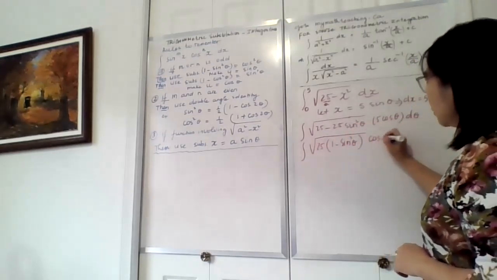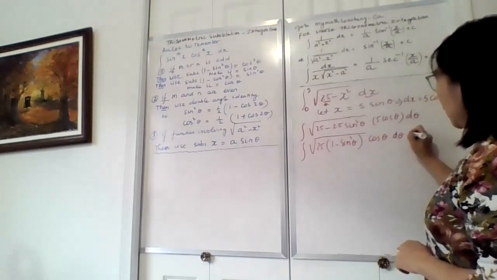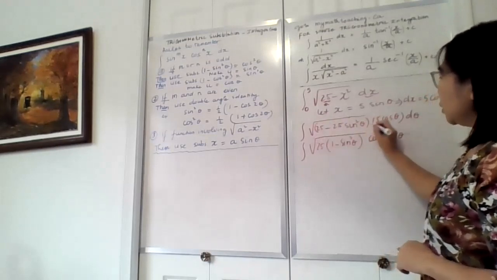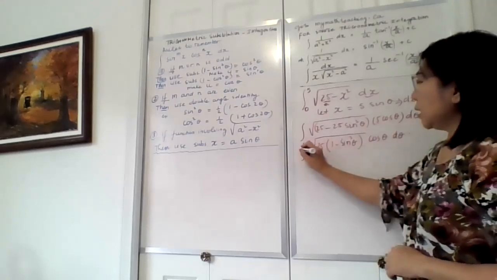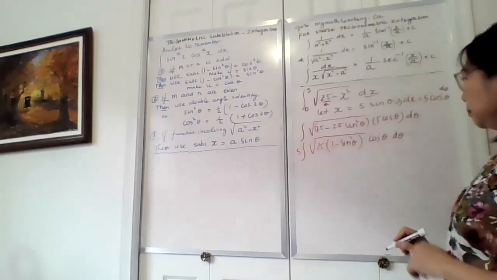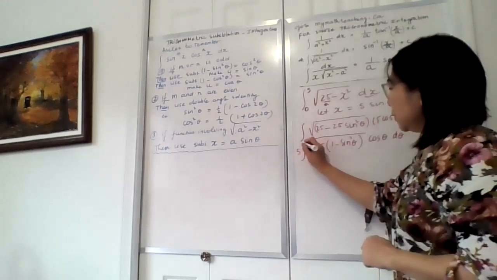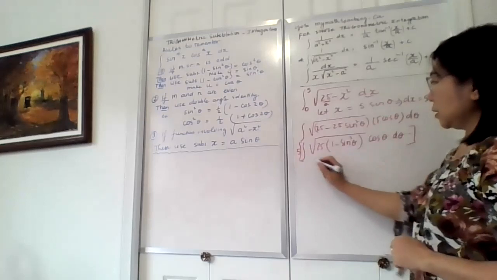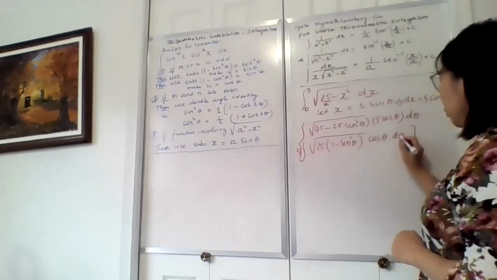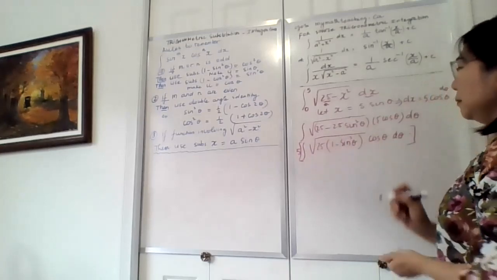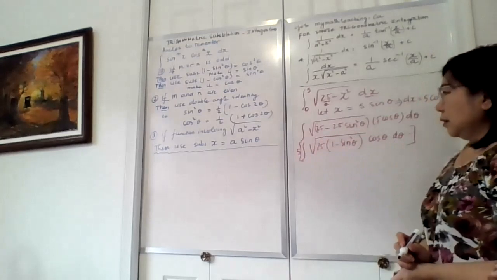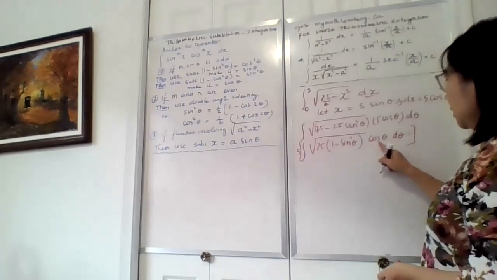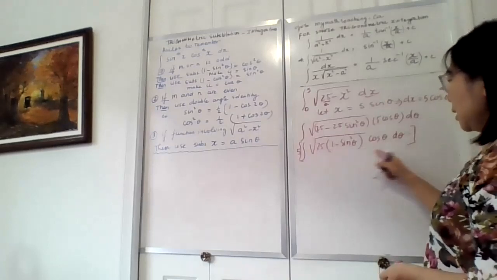I'm just going to put cos theta and d theta for now, because the 5 is a multiplication constant, we'll bring it out here. But don't forget that it applies to everything inside the square brackets. So this number 5 applies for the whole thing in here.